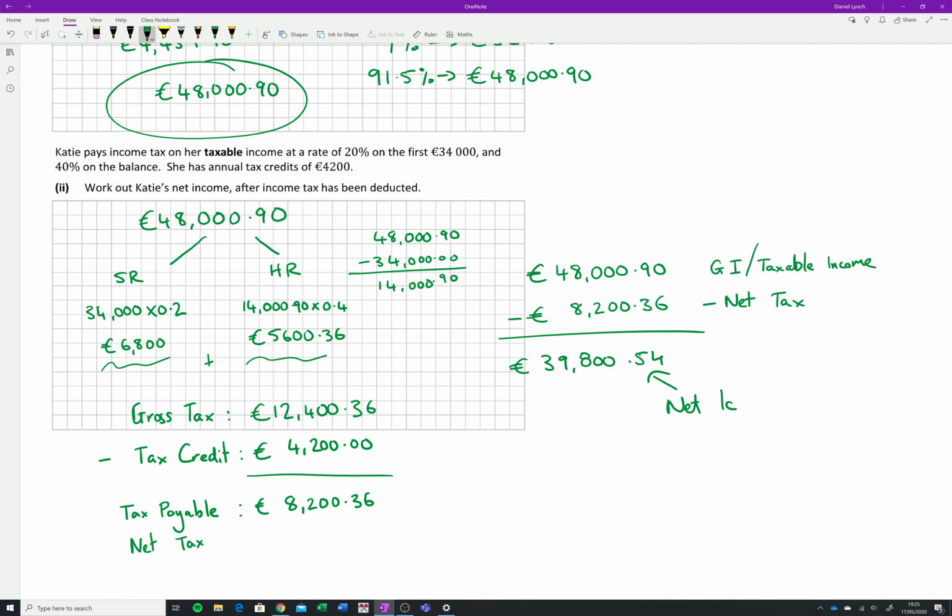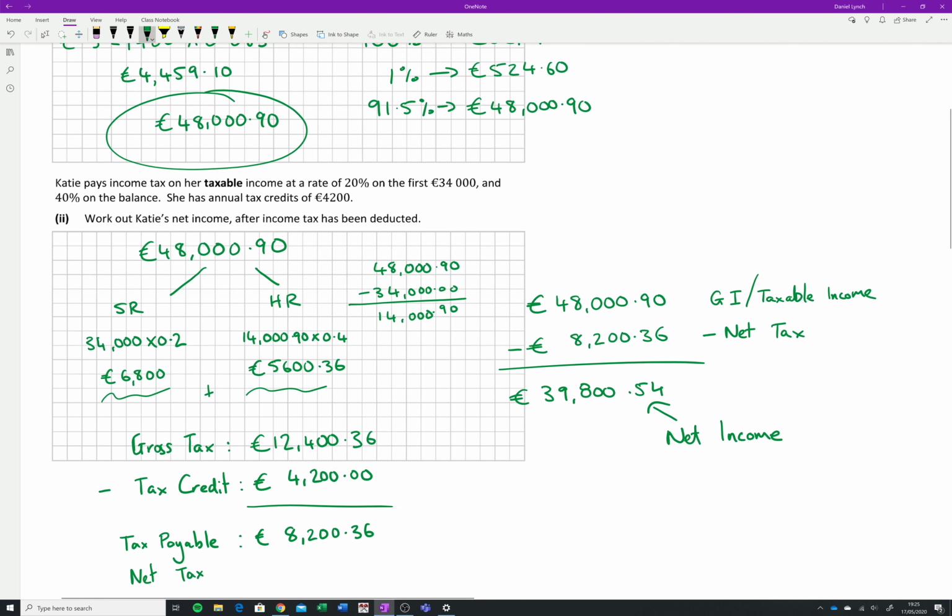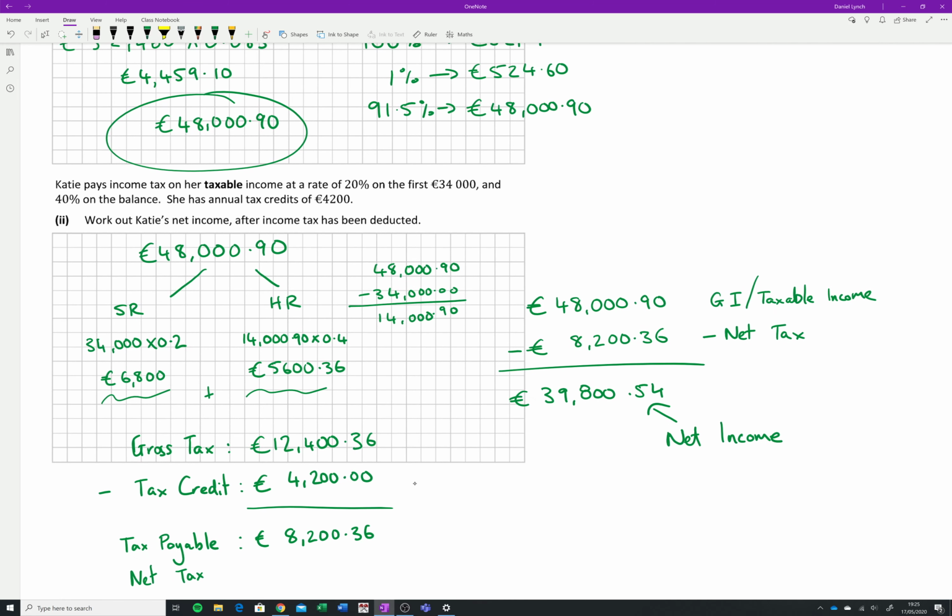This thing here is her net income. This is what will actually reach her bank account when, first of all, pension is taken away, leaving her with this. Then these two pieces of tax are added together, but your tax credit gets to come off it. So this is the actual tax that you have to pay.